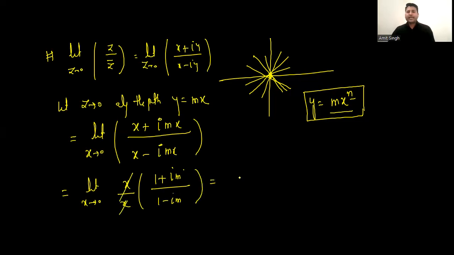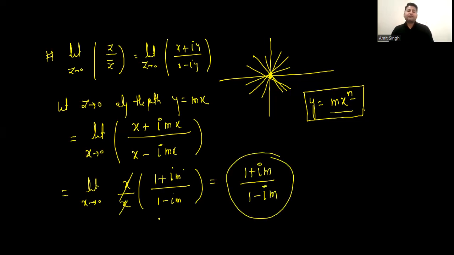So what value am I getting? Put x equal to 0: 1 plus i times m over 1 minus i times m. This is the limiting value that I have obtained. Now, as the definition says, if through all possible paths you get the same limiting value, the limit will exist, otherwise not. Can I say this is unique? It is not unique. Why? Because it depends on m.